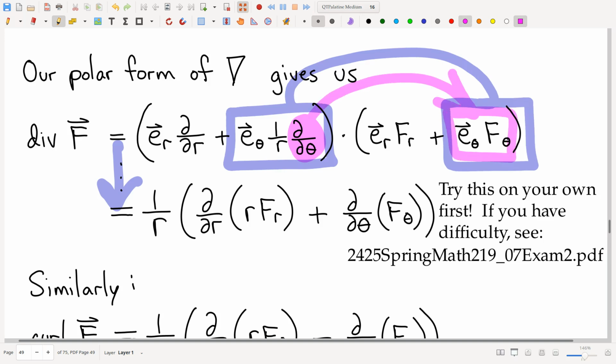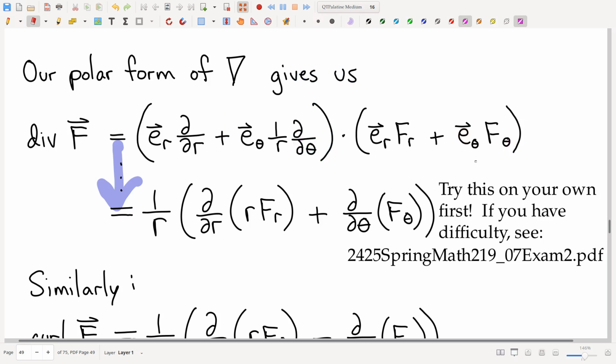And by the way, both of these are functions of theta. E theta, remember, is not a constant. E theta depends on where you are. E theta is a function of theta. So you're going to have to use the product rule. And it's annoying, and it's additional tedium. But if you just take a deep breath, slowly and carefully, be methodical in terms of how you write it down, it's just tedium, and it's ultimately not that bad.